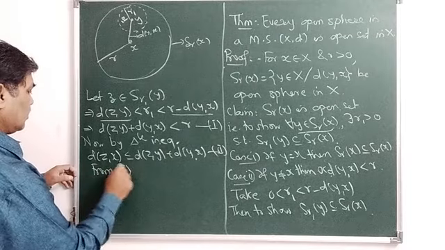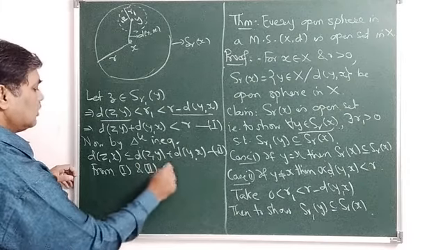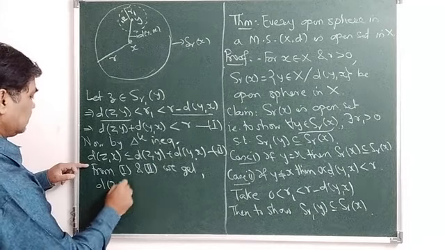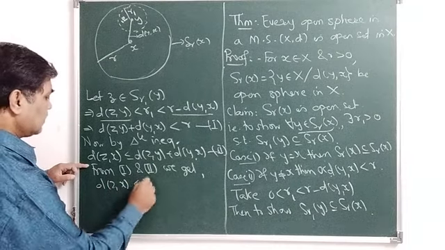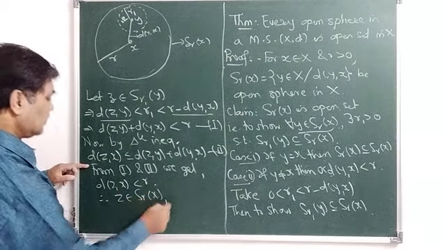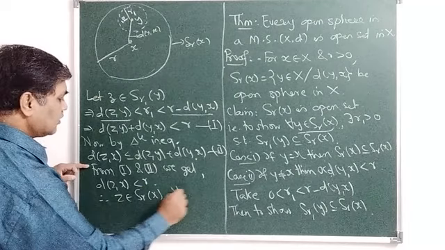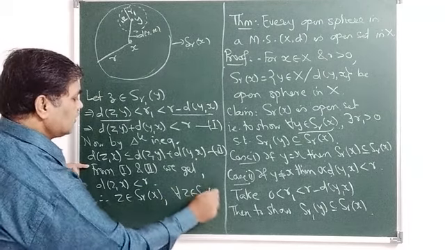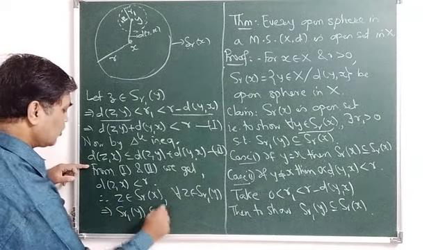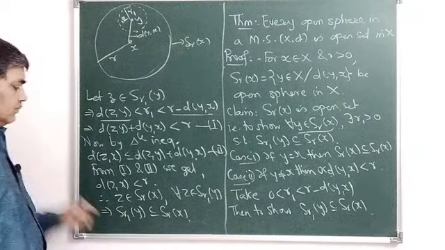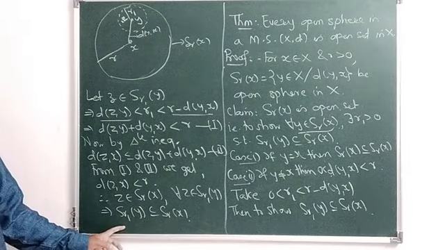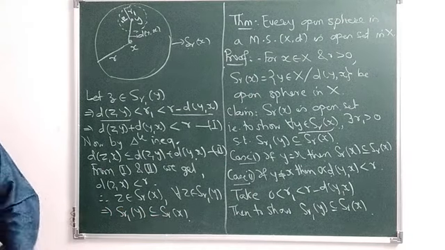From 1 and 2 we get d(z, x) is less than r, and therefore z belongs to S_r(x). There is no restriction on z, so for any z belongs to S_r1(y), this implies S_r1(y) is a subset of S_r(x). So that's what we proved.